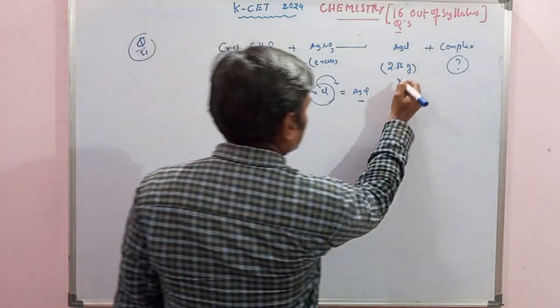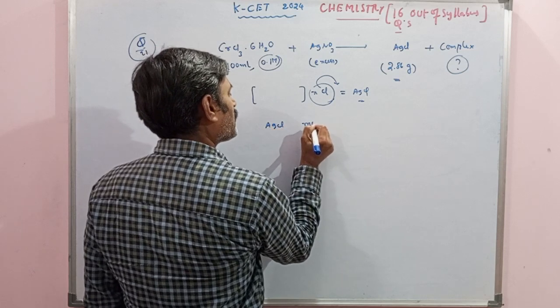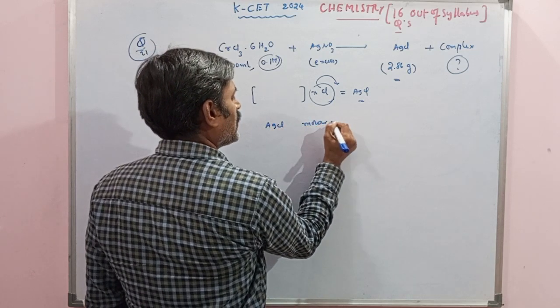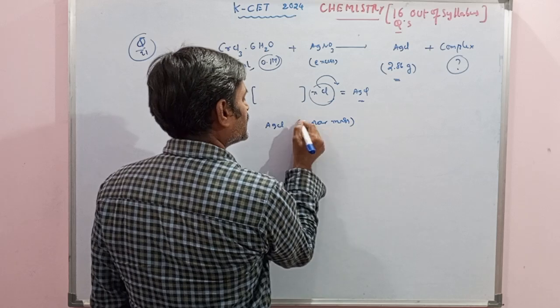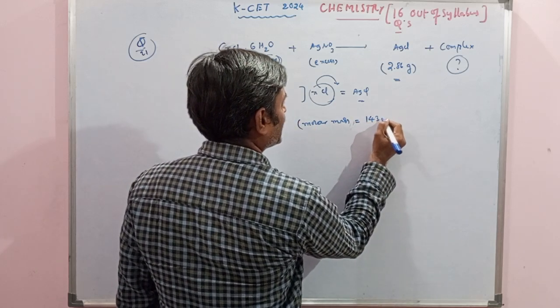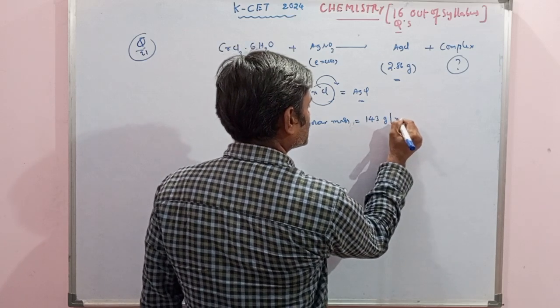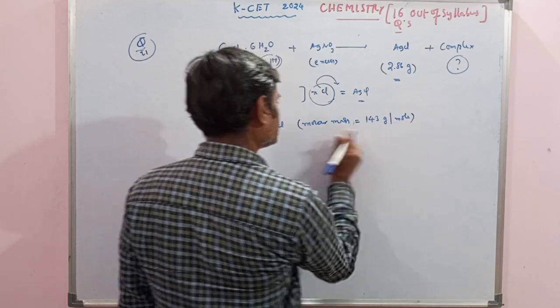Let us find the AgCl. What is the molar mass of AgCl? That is exactly 143, we can take 143.5, 143 grams per mole.